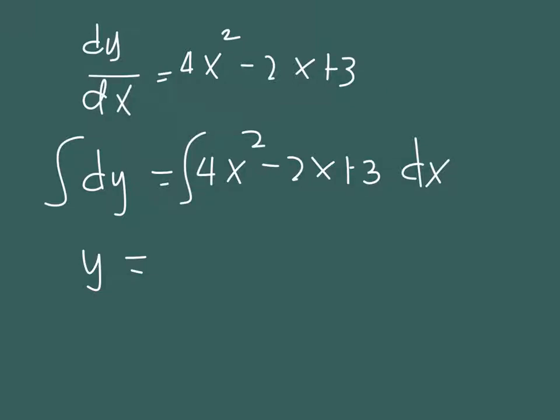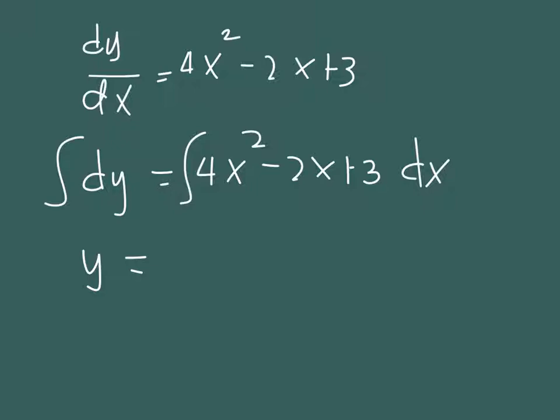4x squared minus 2x plus 3. The integral is, do not be confused with the process. From integration, what's the process of integration? You add 1 and then divide by that exponent.